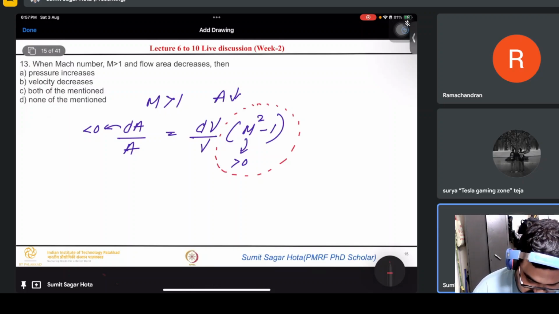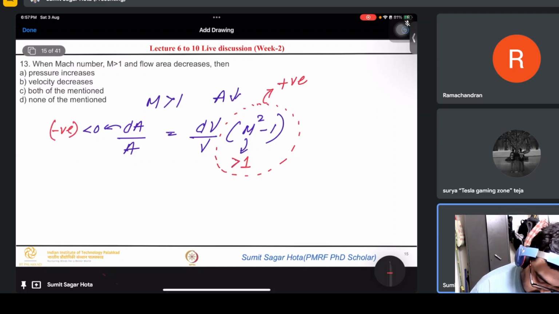But we are considering M starting from 1 only, because it's only greater than 1, so that means this term is actually a positive term, and this is a negative term.